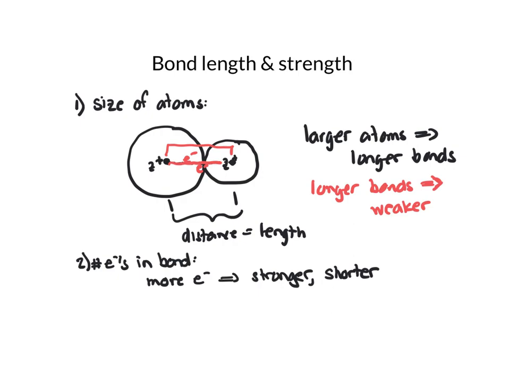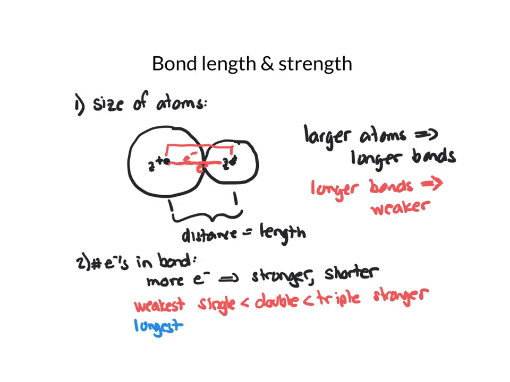So to be very clear, the weakest bonds of a given type are single bonds. And then the double bonds are stronger than that. And then triple bonds are stronger than that. If we're thinking about length, the longest bond, which is the weakest bond, is the single bond, which is longer than the double bond, which is longer than the triple bond.